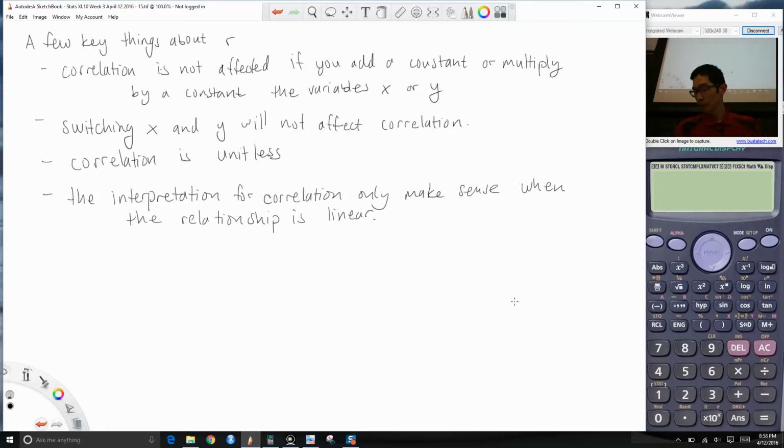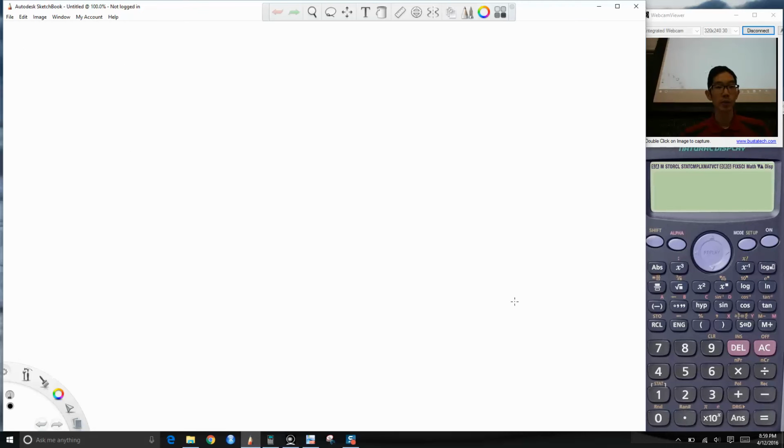Okay. All right, and so in this second part of class, we're going to talk about creating a regression line, okay? So we're going to talk about linear regression. With linear regression, we are trying to model the relationship between x and y with the equation of a straight line.